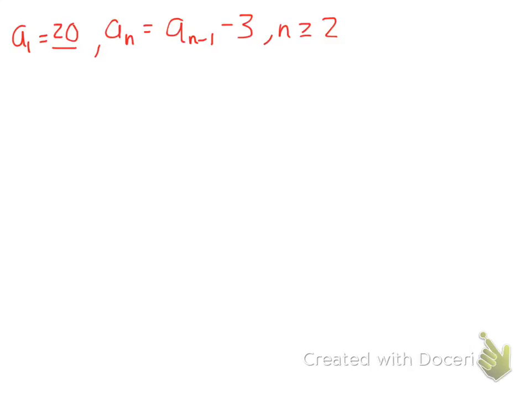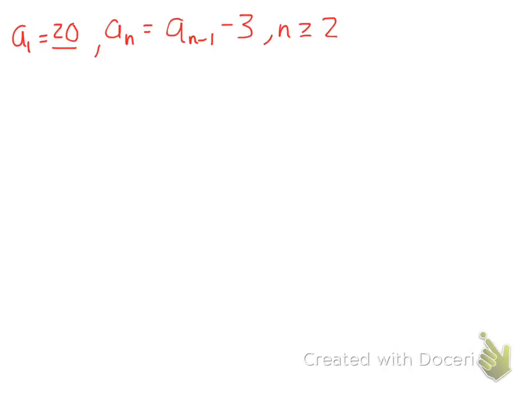I'm going to ask you to do two things with this. I want you to write the first 5 terms first. This is going to take some space, probably about 5 or 6 lines on your paper, but it's not difficult.